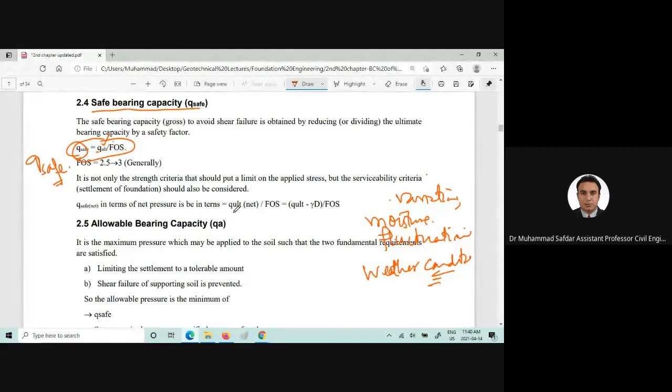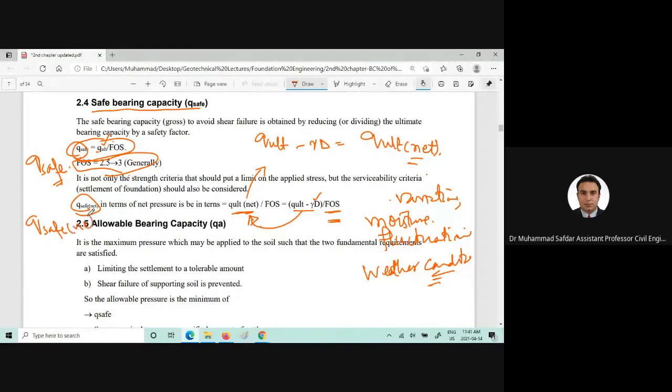And if we subtract gamma into D, Q ultimate minus gamma into D, that becomes Q ultimate net. If we divide it by the factor of safety, which is usually taken as 2.5 to 3, we can find the Q safe net.